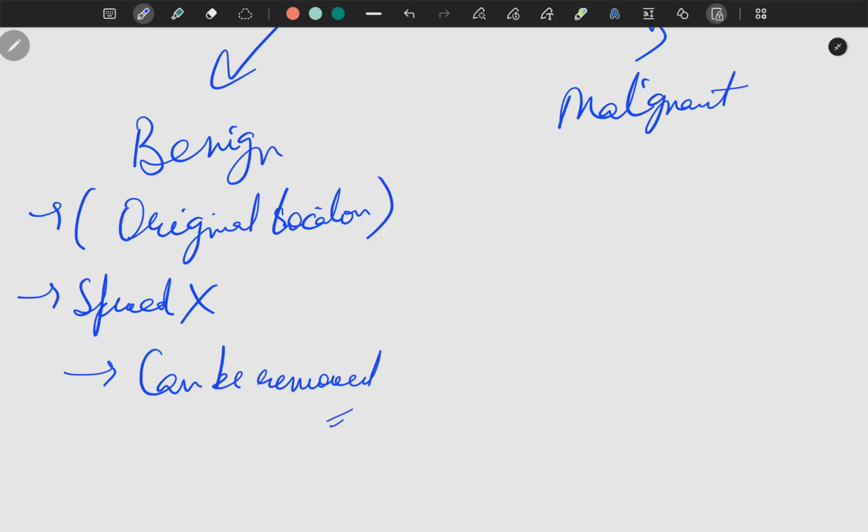The second one is the malignant tumor. This is the thing that people are scared of, called cancer. Why?